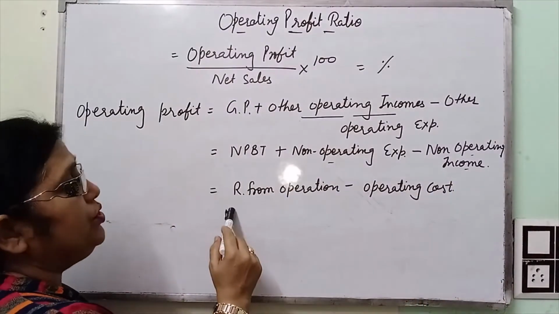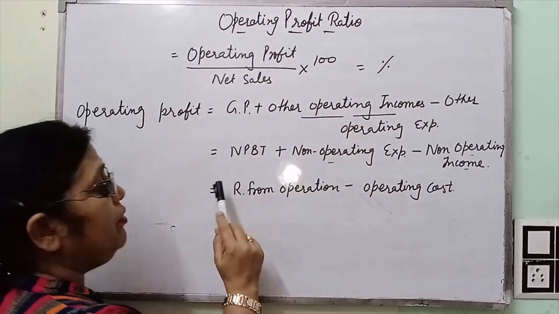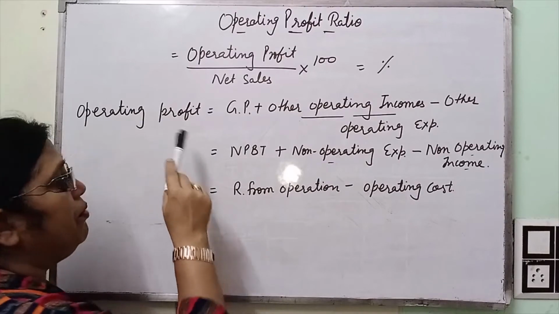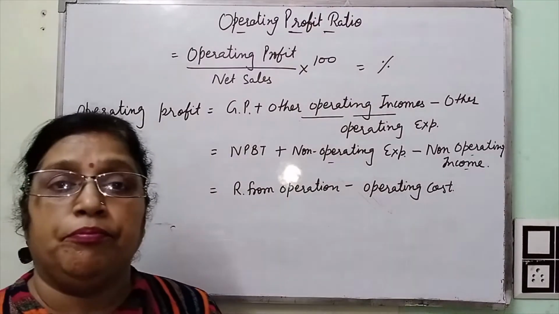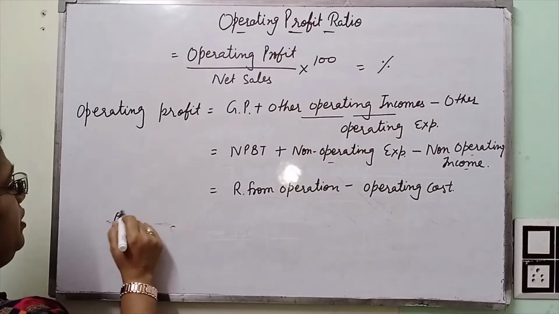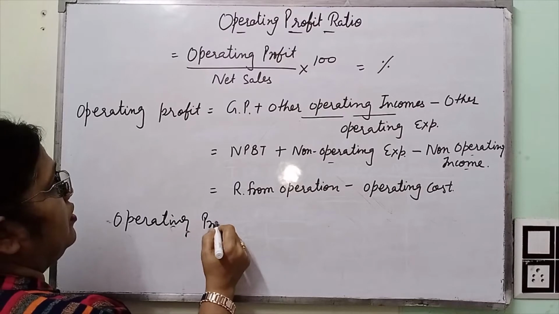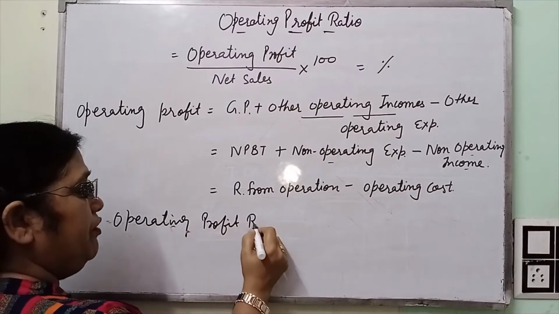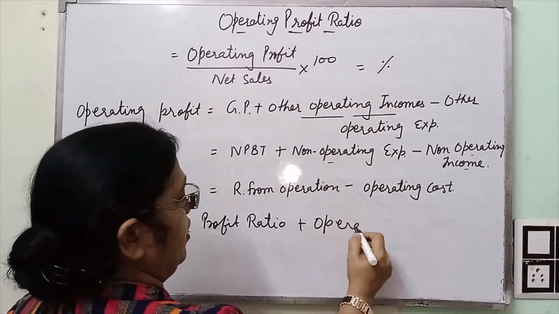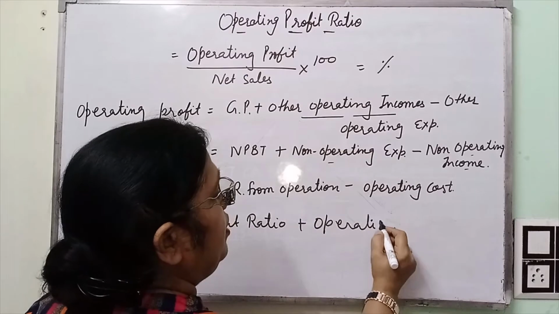Now, it can be also calculated with the help of revenue from operation. From revenue from operation, if we deduct operating cost, then operating profit can be calculated. Now, I want to tell you one thing: operating profit ratio and operating ratio are complement to each other.